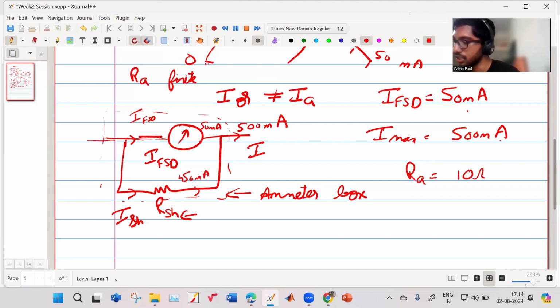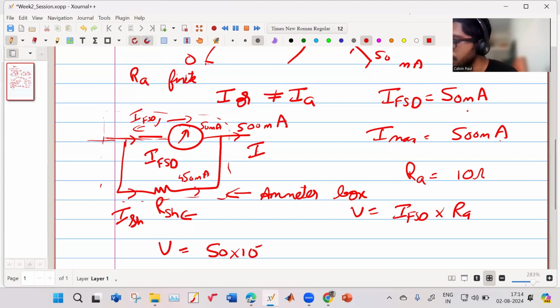Then the voltage drop is equal to I full scale deflection into RA. So this voltage drop is 50 times 10 to the power minus 3 into 10, so that is 0.5 volt.